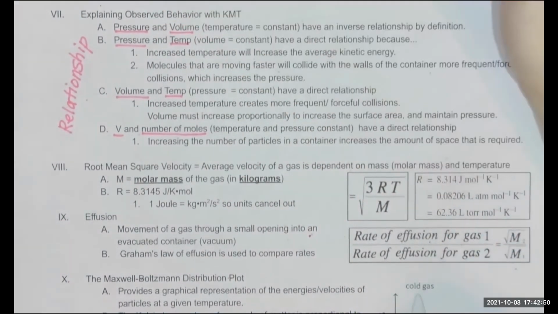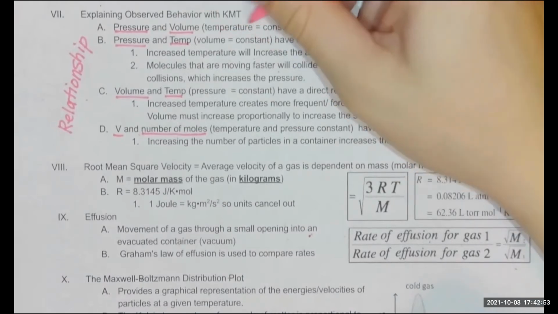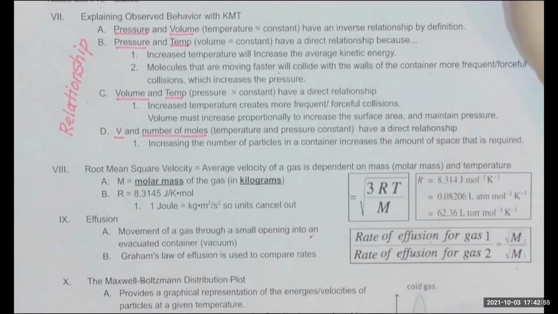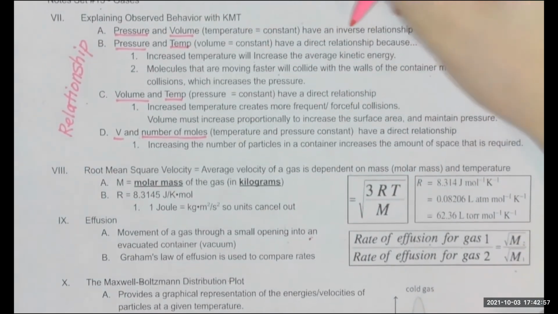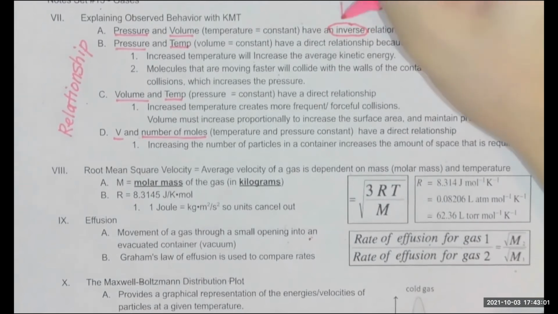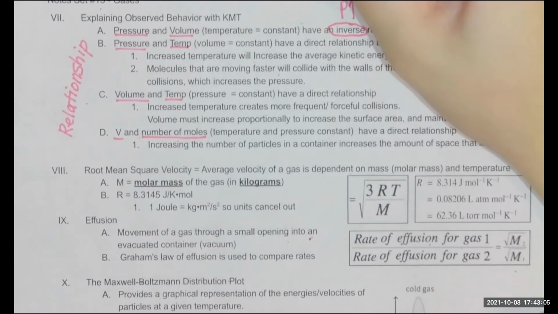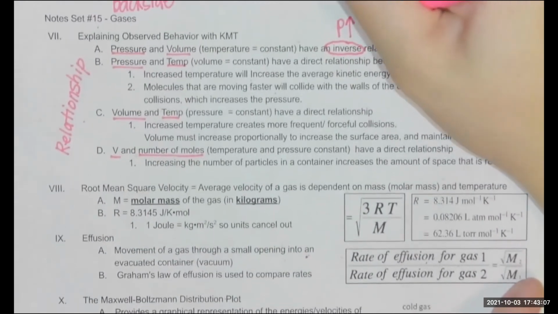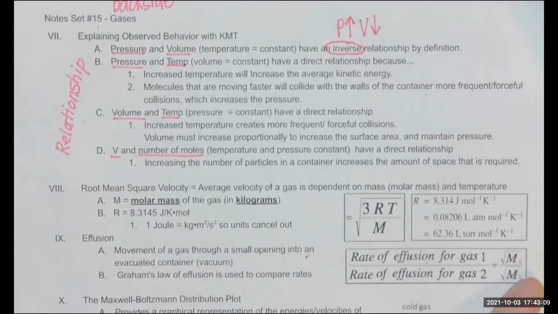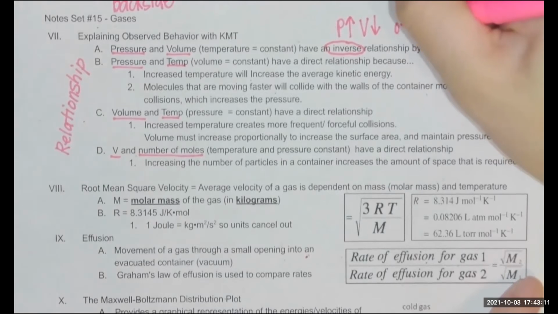So pressure and volume, assuming that the temperature is constant and not changing, have an inverse relationship. When the pressure goes up, that must mean that the volume was going down, or vice versa.